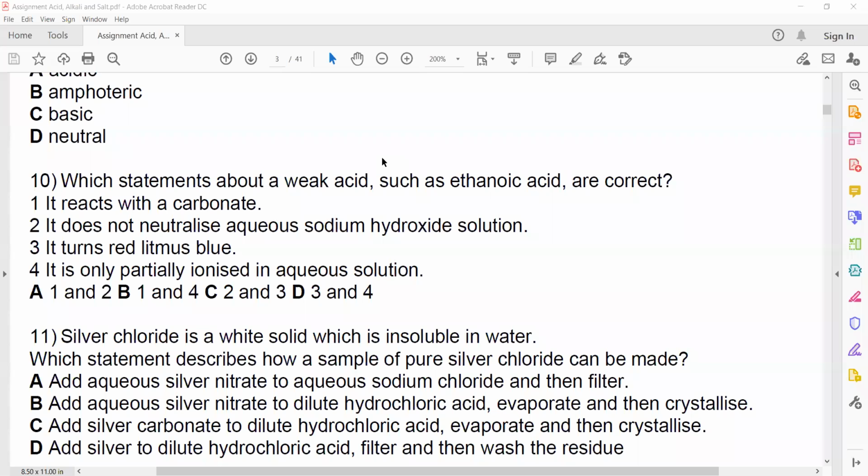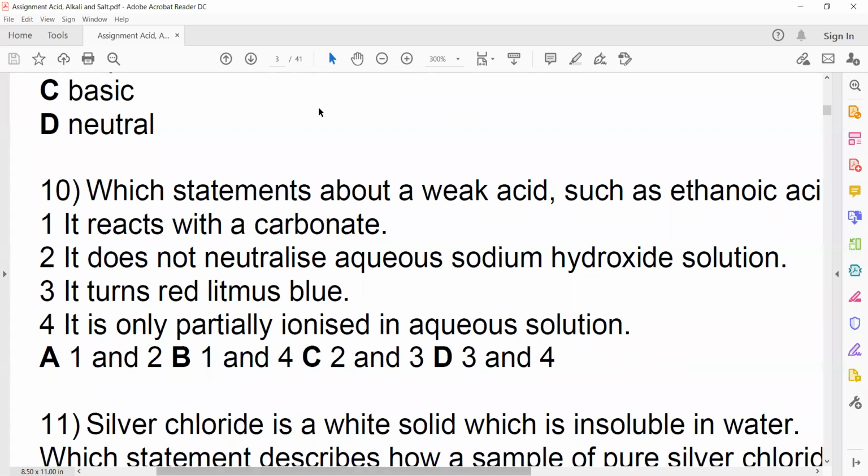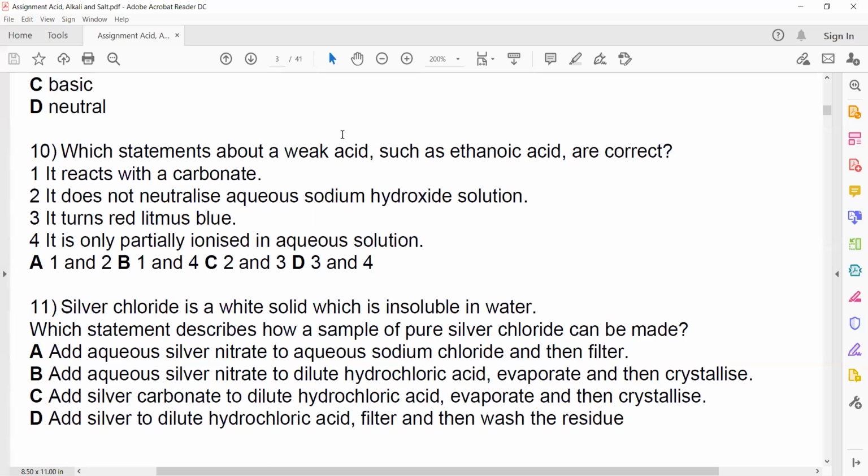Okay, in question 10, which statements about a weak acid such as ethanoic acid are correct? It reacts with carbonate. All acids react with carbonate, even a strong acid or weak acid. Strong will react faster, weak will react slower, but all will react.